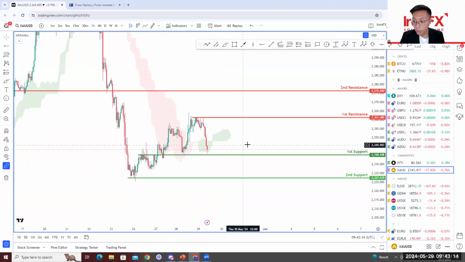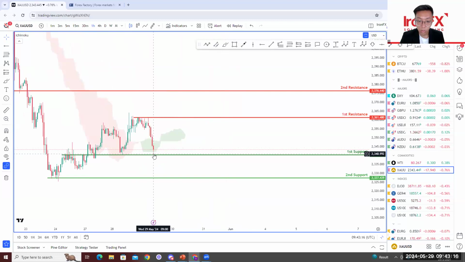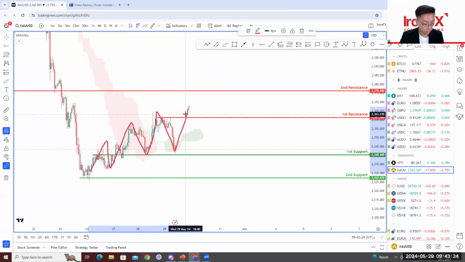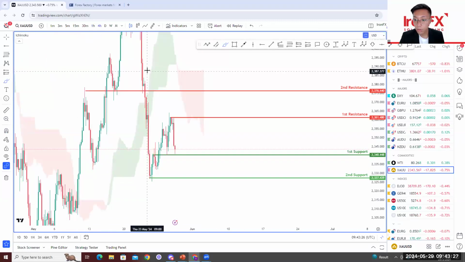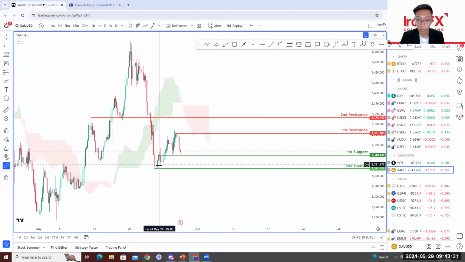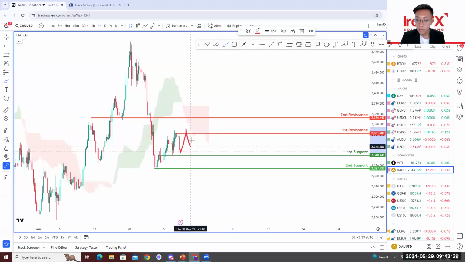But in my opinion, I think this level is a good buy area right now because we are expecting price to create new highs, right? If we take a look at the H4 chart, we can see that after this very strong downward movement, we might need a correction to the upside, something like this, before it starts to come down a bit.